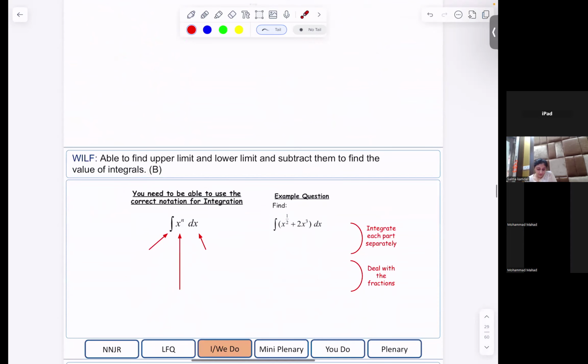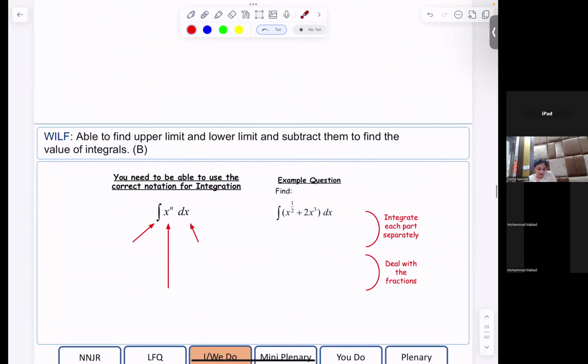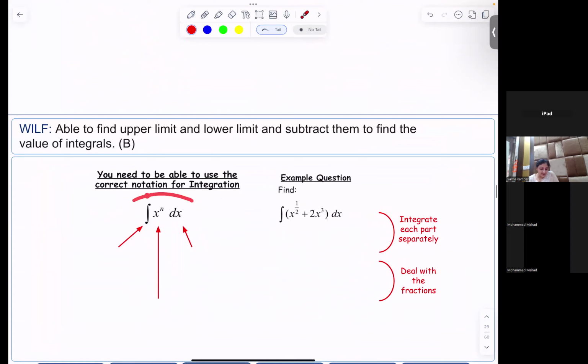Yeah. Okay. You have this sum over here. Can you just interpret this for me? What does this mean? So, do you want me to solve it out? No, first explain to me what this means. It's an indefinite integral because it has no limits. We need to integrate x to the power of n with respect to x.